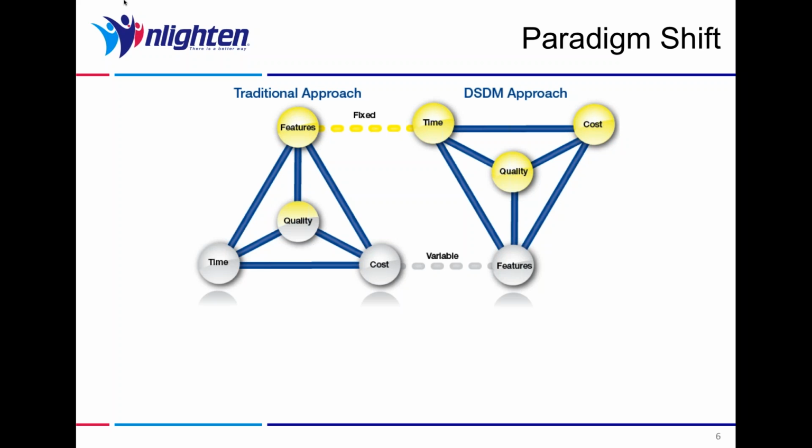And what we'll do is we will identify the least valuable feature where we need to make up some time or reduce the amount of effort associated with completing everything, identify the least valuable feature and descope that. So we protect time and cost by descoping features if necessary.